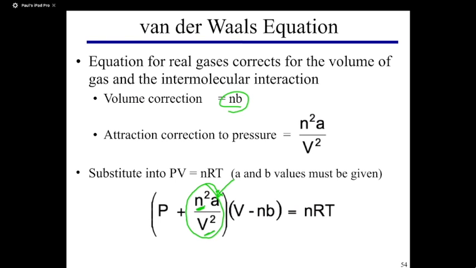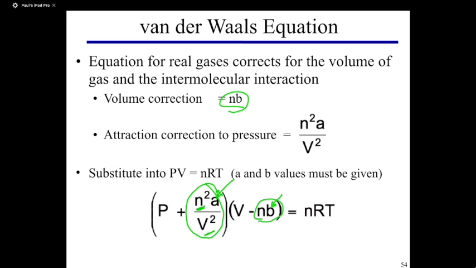Also, I have to correct for volume. And so if it's a very, very tiny volume, then I have to have a term called B, and that's also related to the number of moles. You can have a little tiny volume, but if you have a little tiny amount of moles, it doesn't have to be corrected a lot. But if you have a really tiny volume and a lot of moles, then you really have to correct for it. So the B term is the correction value, which is also related to the number of moles.